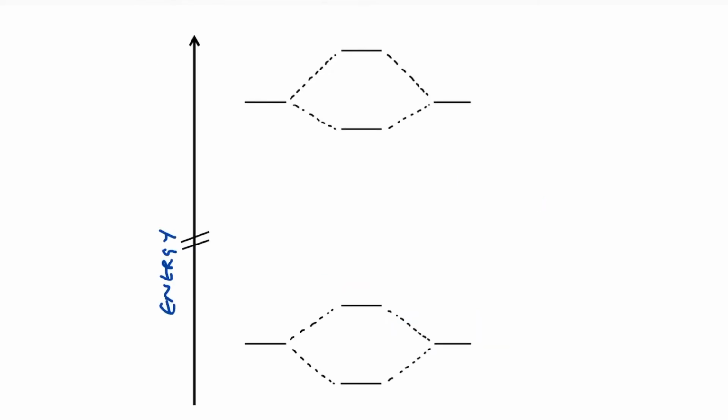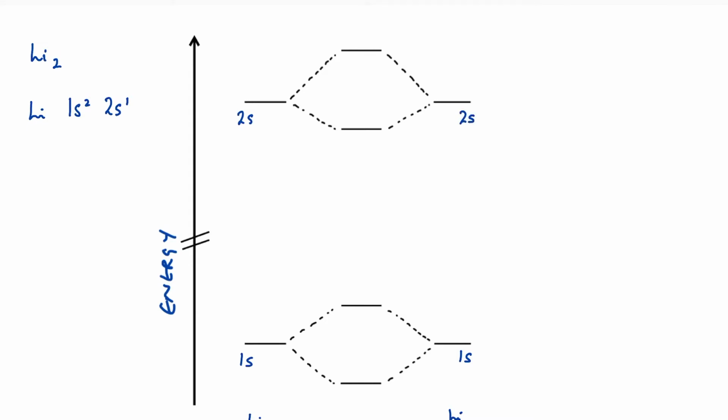The next molecule I'd like to look at would be a molecule of lithium, Li2. Each lithium has the electronic configuration 1s2, 2s1. So if we take our two lithium atoms, that would be my 1s, and my 2s at a higher energy level.